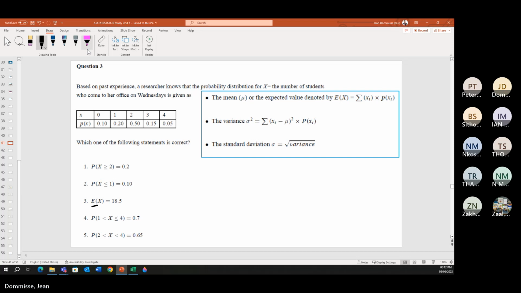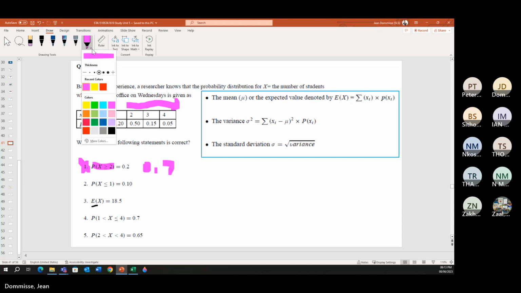So if we look at the probability of x bigger or equal to 2, it is the inverse, so it should be 0.5 plus 0.15 plus 0.05, and that would be equal to 0.7. Okay, so we know that one is not correct because that is 0.2.